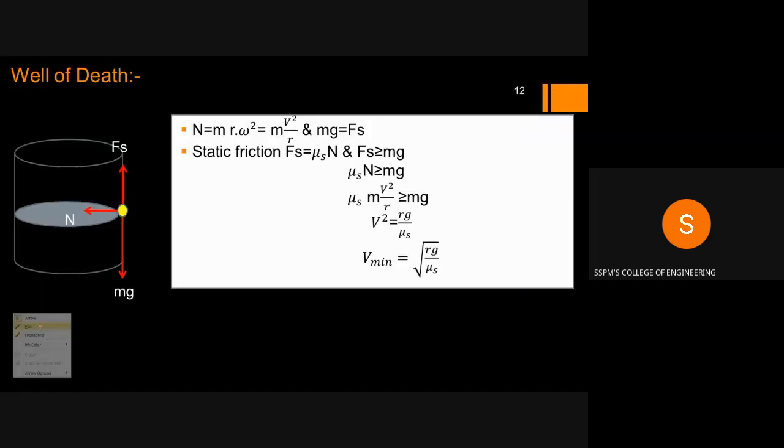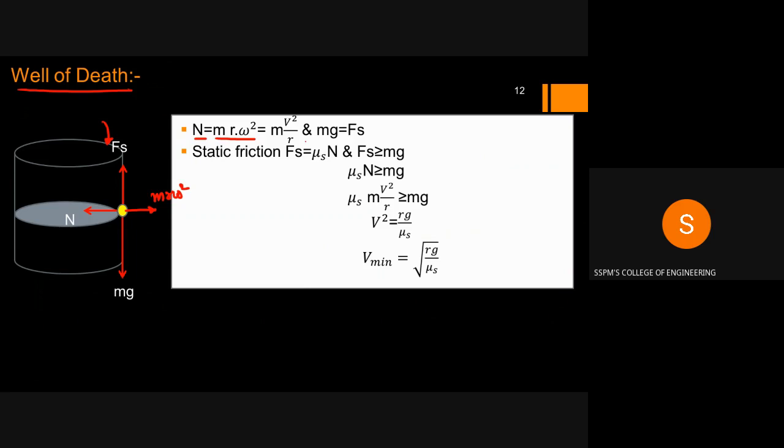The second application of the circular motion is the wheel of death. Okay, so in the wheel of death, the rider performs the circular motion on this wall. In order to maintain its equilibrium, the normal reaction which is offered by the wall is equal to mr omega square, that is the centrifugal force. You can see here, this is the force mr omega square, which is equal to mv square upon r.